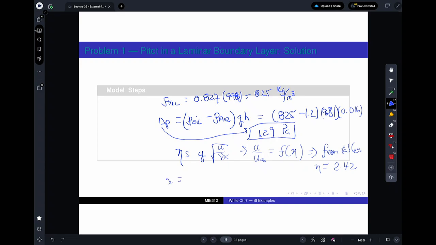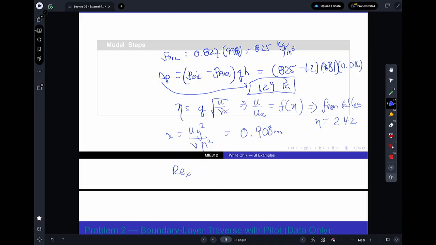x is equal to U y squared over nu eta squared, which is 0.908 meters.